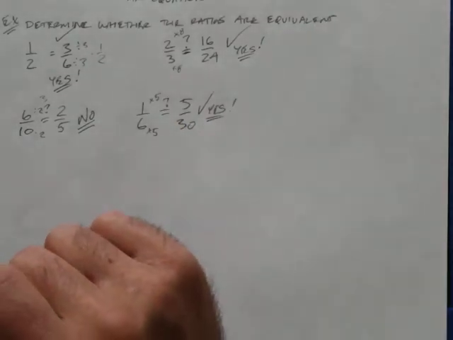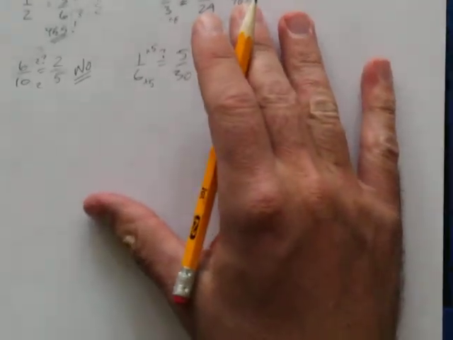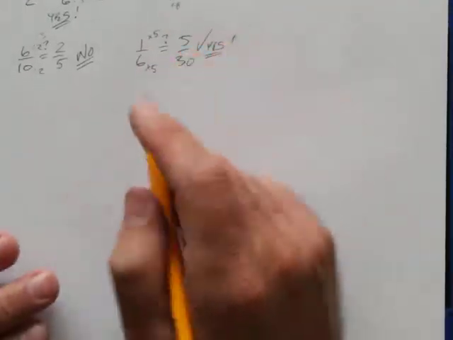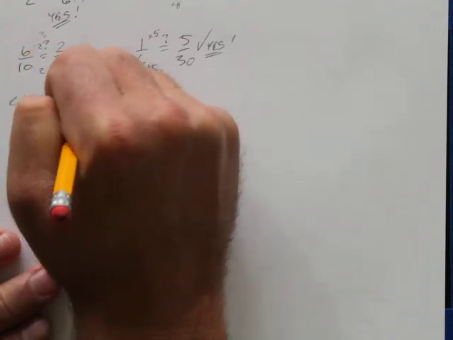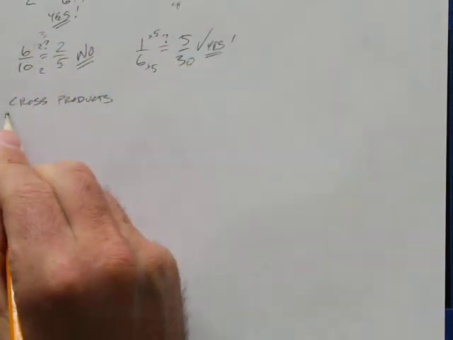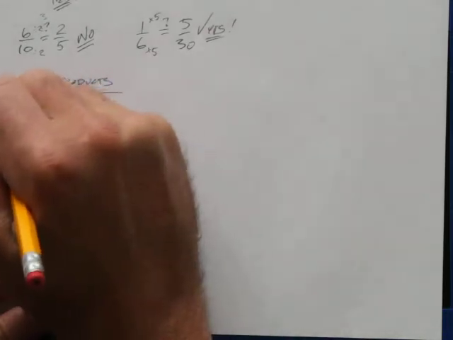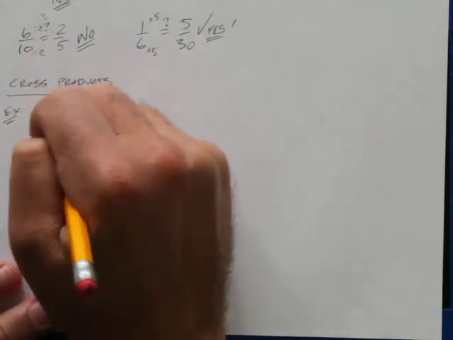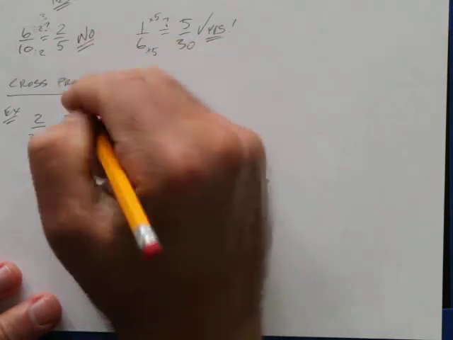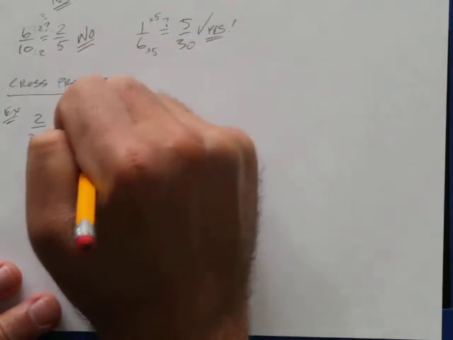All right, now let's look at another way to figure this out, and it is called cross products. So here's an example. 2 over 3.5 equals, maybe, 8 over 14.